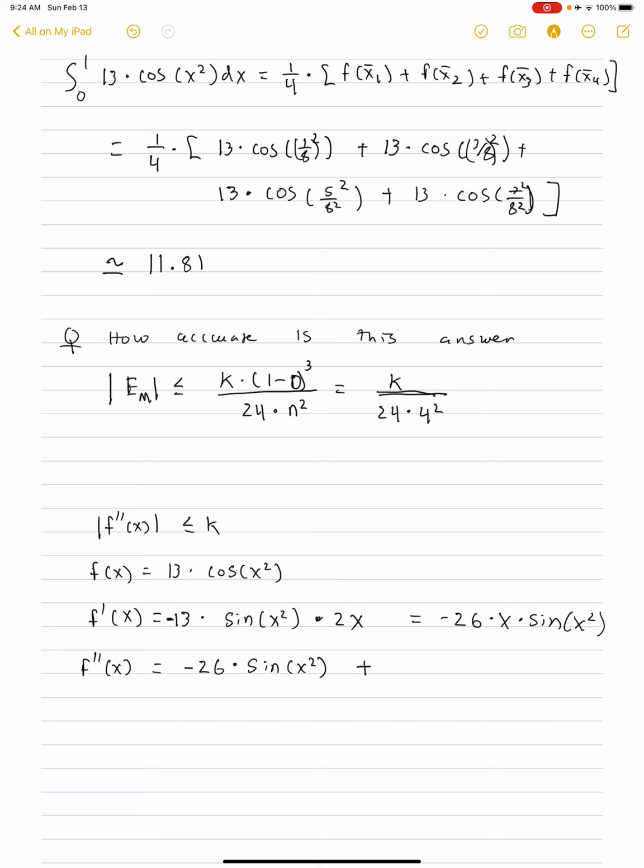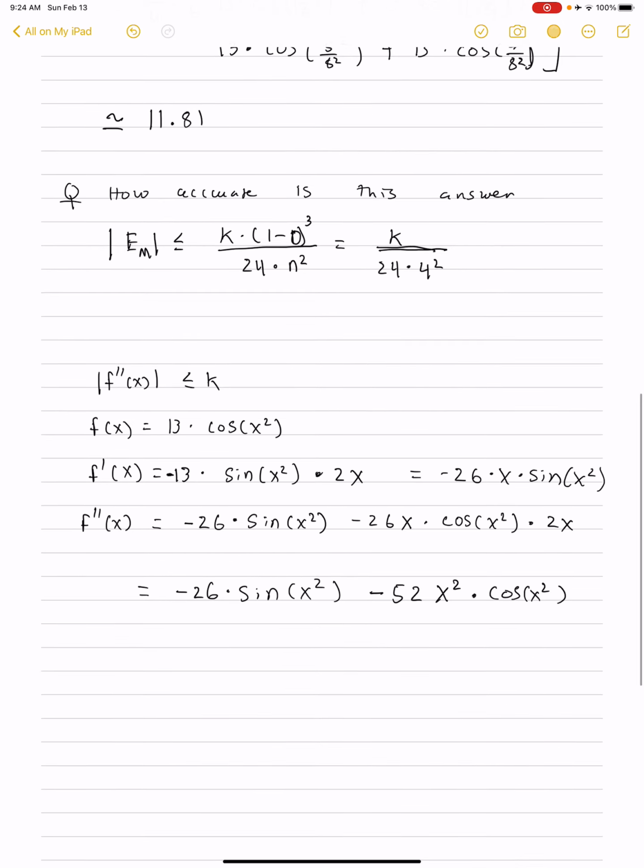I leave the first term alone, which is negative 26x, and multiply by the derivative of sine of x squared, which gives cosine of x squared times 2x. Let's write this out one more time: minus 26 times sine of x squared, minus 52x squared times cosine of x squared.